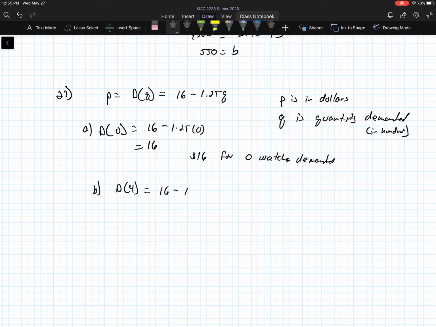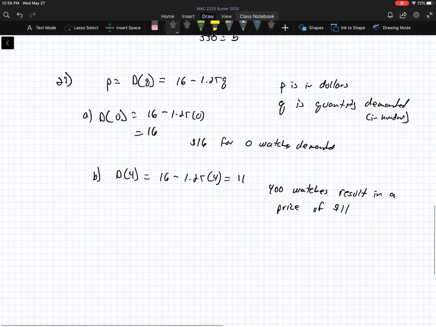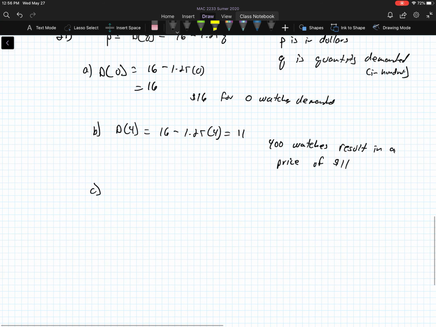So notice how it was 400, but now it turns into 4. So you have to be careful there. And it will make sense, because if you do 400, you'll get a negative value. So D of 4 is going to be equal to 11. So a demand for 400 watches results in a price of $11.